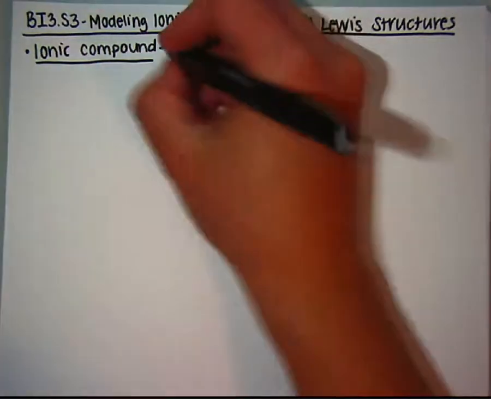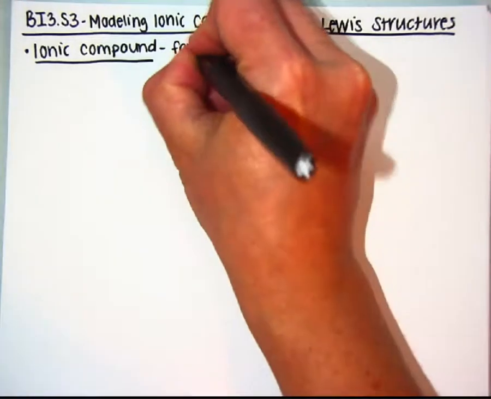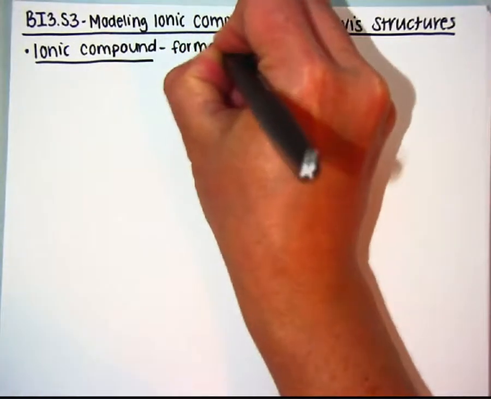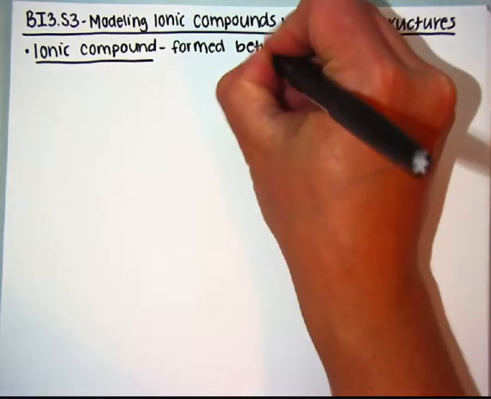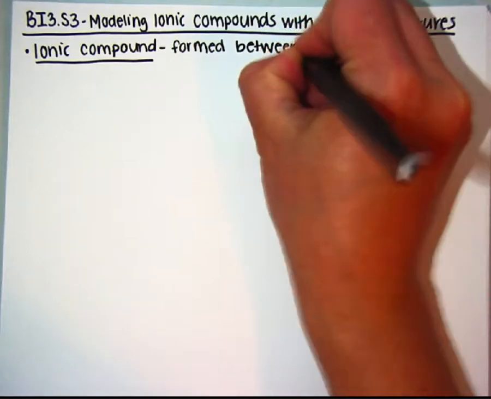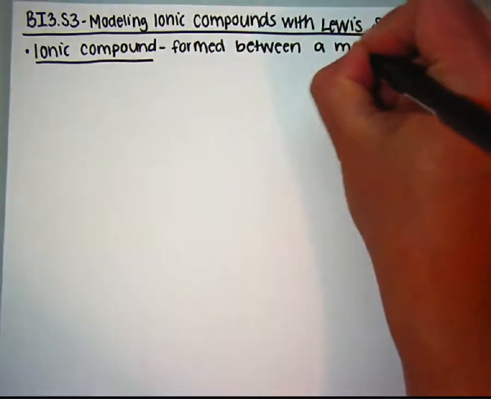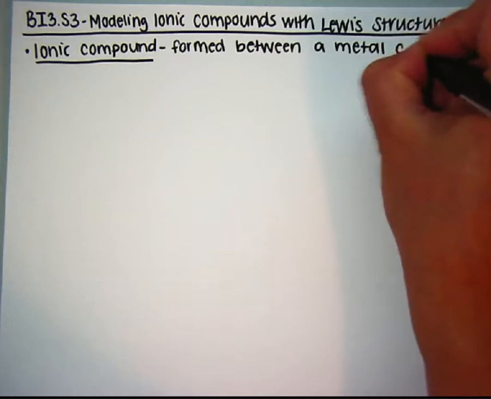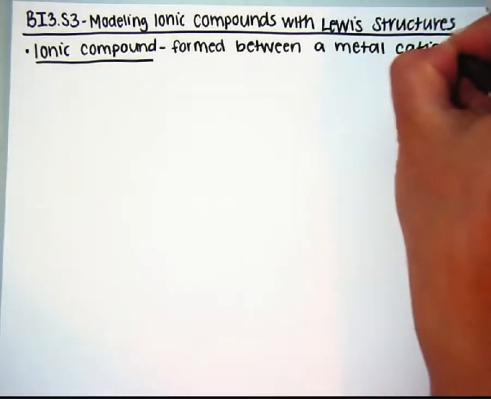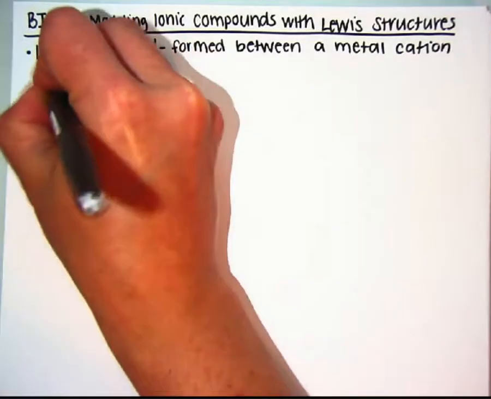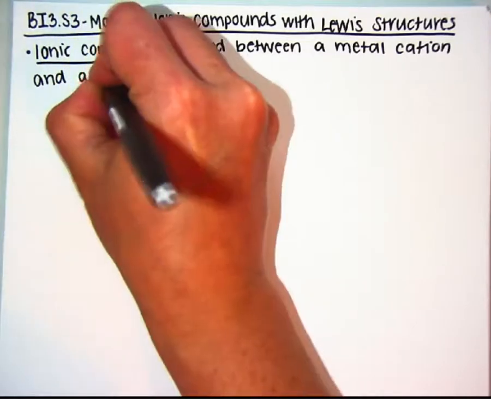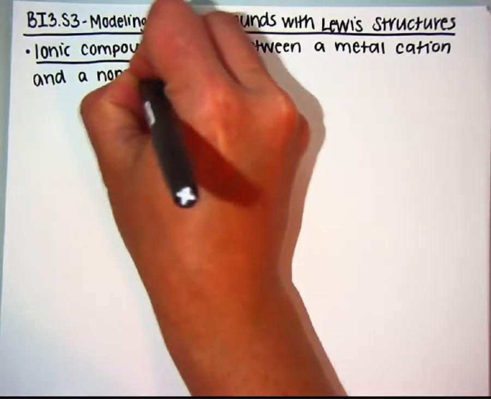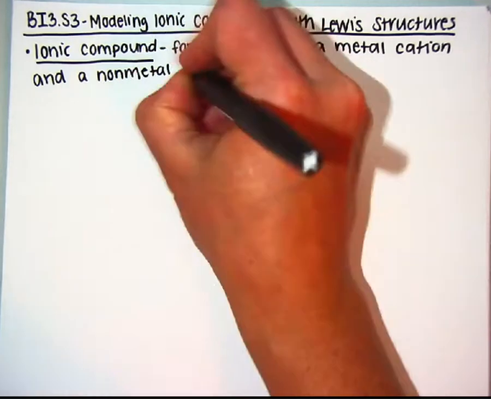An ionic compound is formed between a metal cation and a non-metal anion.